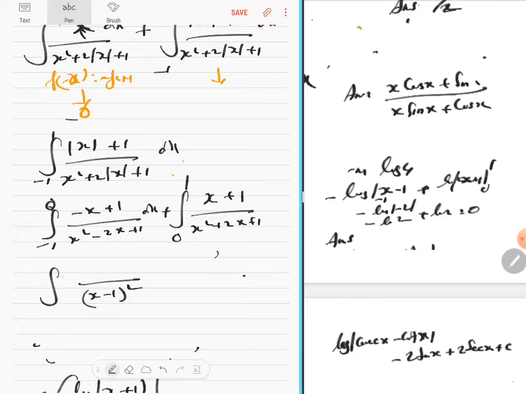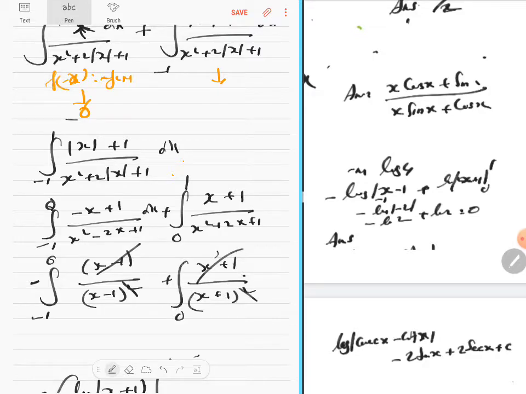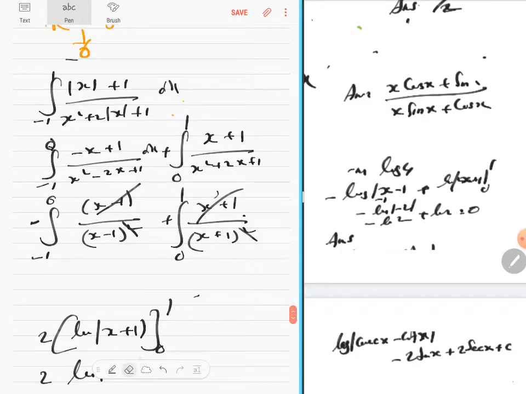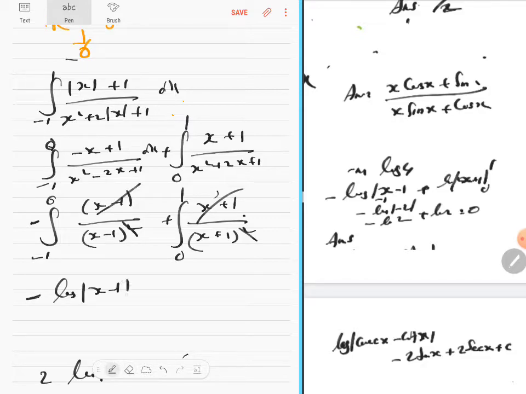If you take the negative out here, it will become x minus 1, so this and this get cancelled, with the limits minus 1 to 0, and for this it will be x plus 1 the whole square in the denominator, this and the power get cancelled. Then it will be log answers, with the negative sign here, so it's minus log of mod of x minus 1 integrated from minus 1 to 0 plus log of mod of x plus 1 integrated from 0 to 1.